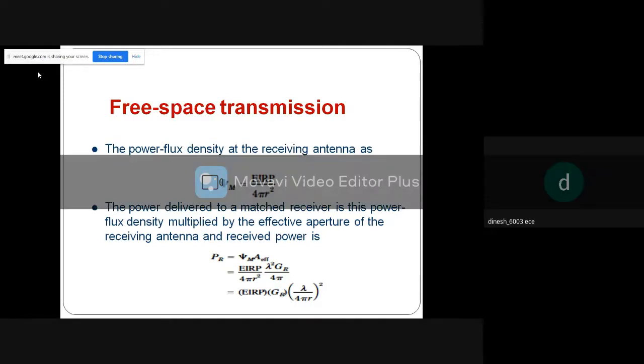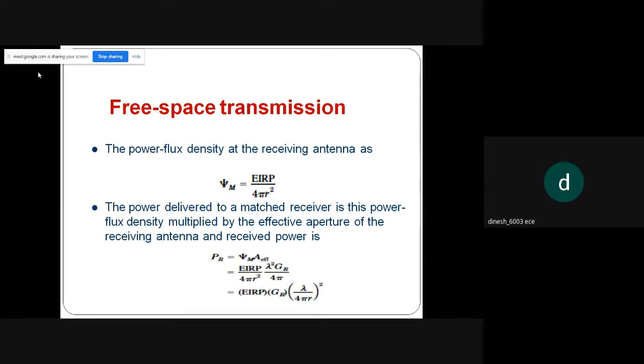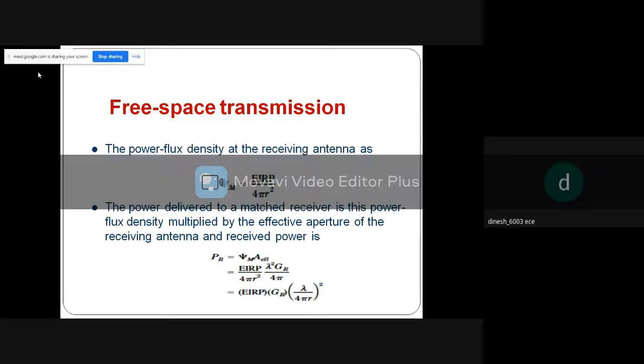The power flux density at the receiving antenna can be obtained as phi m, which is EIRP divided by 4 pi r square. So we substitute the EIRP value that we had seen. The power delivered to the matched receiver is the power flux density multiplied by the effective aperture of the receiving antenna.